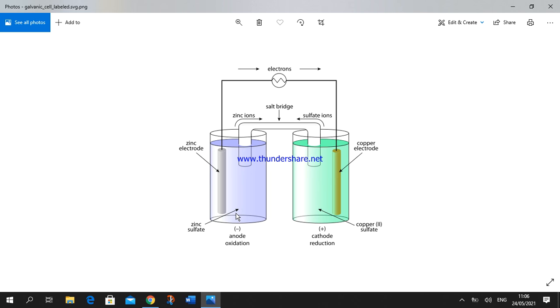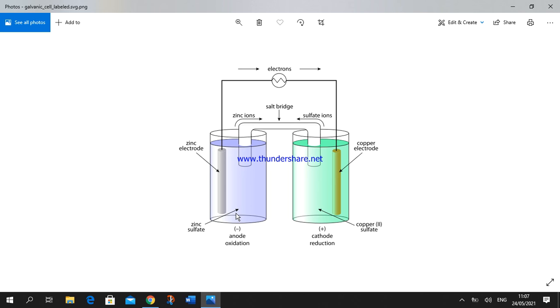So each beaker has a half equation, and the net equation of the galvanic cell is: zinc neutral atom plus copper positive ion, arrow, zinc positive ions dissolved in aqueous solution and the copper neutral atom in solid form deposited on the copper electrode surface.